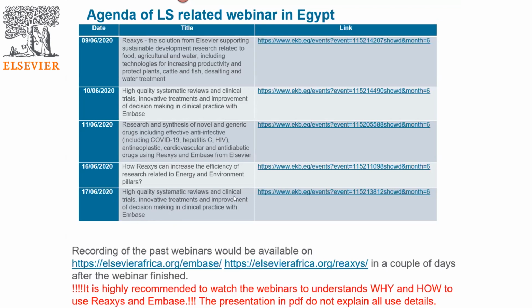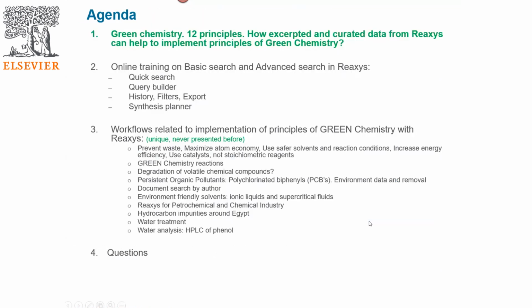So if you are interested in watching the webinars, you can take a picture of this screen or type down the Reaxys and Embase landing pages and get the benefits of the webinars and of using Reaxys. And right now, let's go to our key topic.